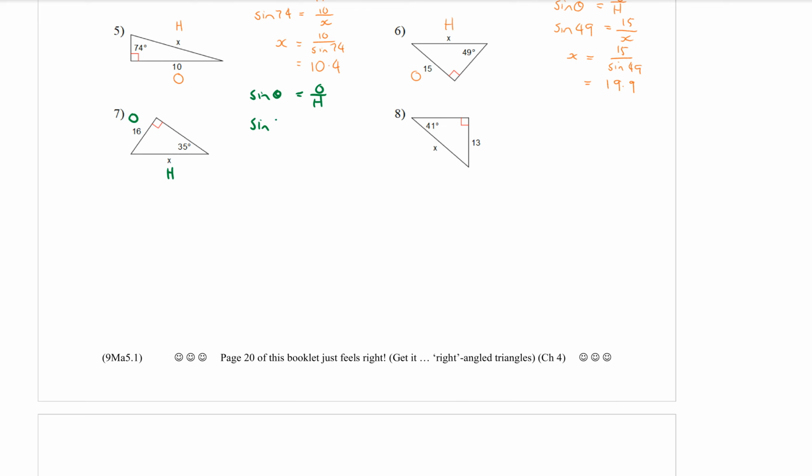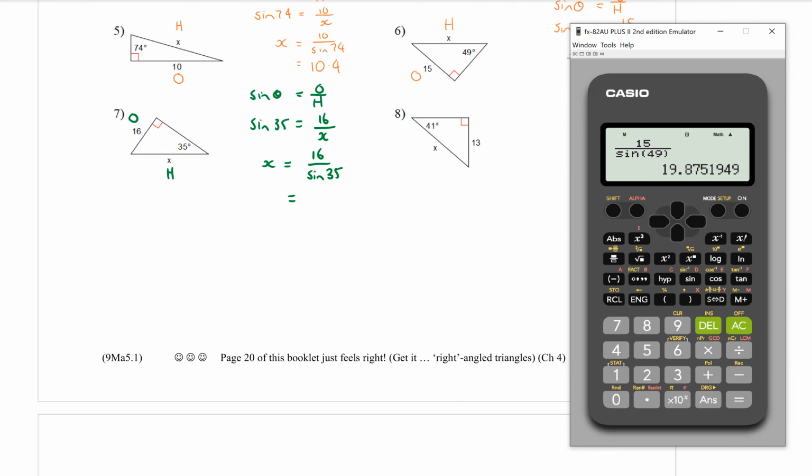Sine 35 is the angle, opposite is 16, hypotenuse is x. So x is on the bottom again, so we switch places. X equals 16 over sine 35. So that's going to be fraction 16 over sine 35, which makes 27.9.